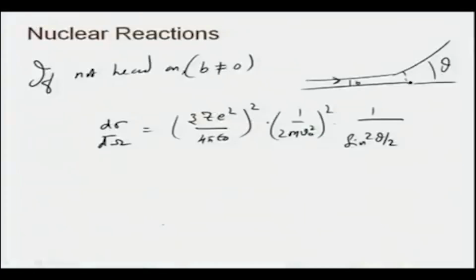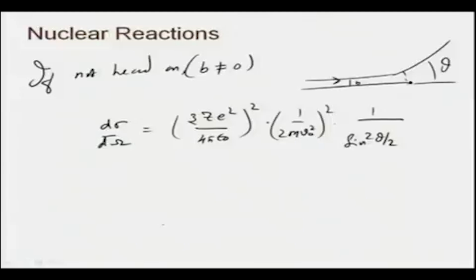So, the cylindrical symmetry will tell you that there is no azimuthal dependence. Okay. So, as long as you have a uniform beam with cylindrical symmetry, then we do not expect any azimuthal dependence in d sigma over d omega.